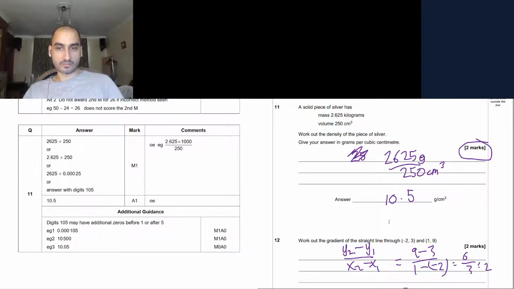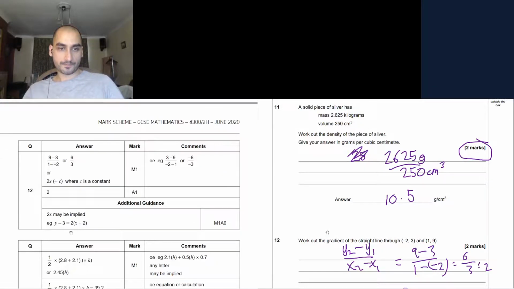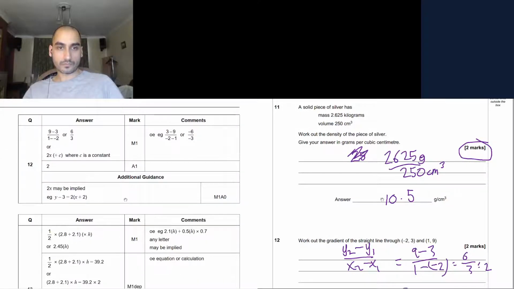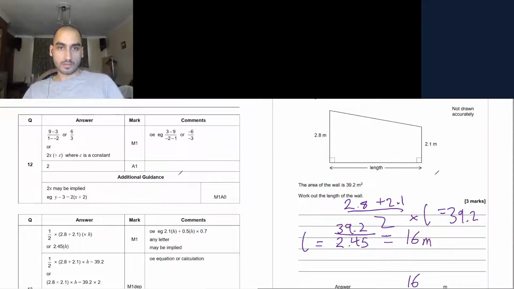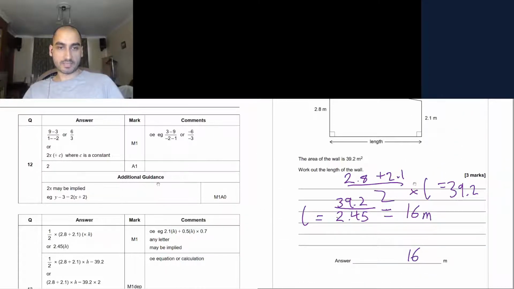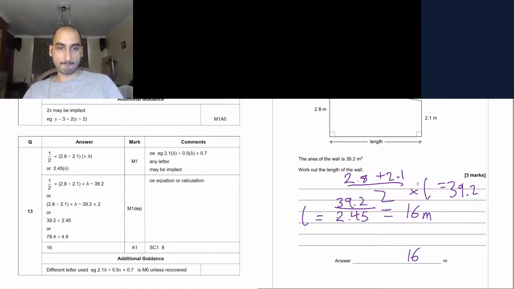Oh, you get partial marks if you got the wrong answer, but you put too many zeros or something. Okay. Two. Gradient, or the slope, is 2. 16 meters. Yep.